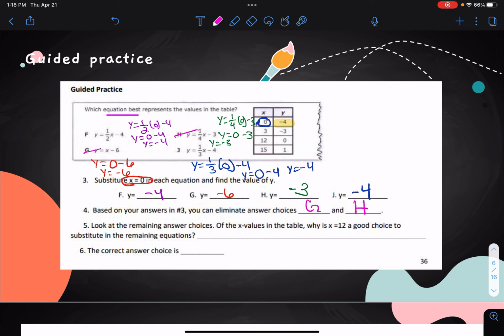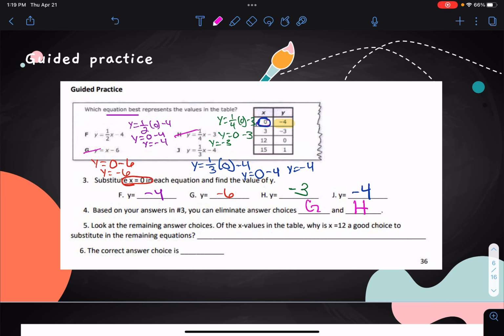It says, look at the remaining answer choices and the x values in the table. Why is x equal to 12 a good choice to substitute in the remaining equations? So now it wants us to try to use 12 instead of 0. Why do you think 12 is a good number to use?